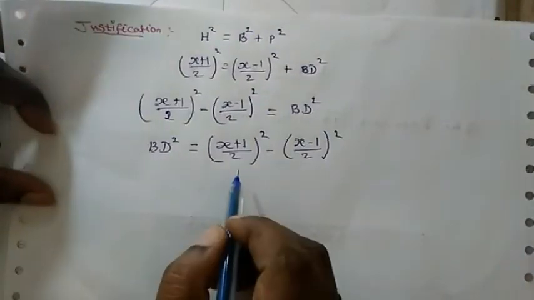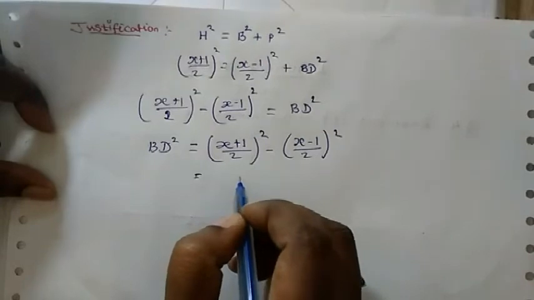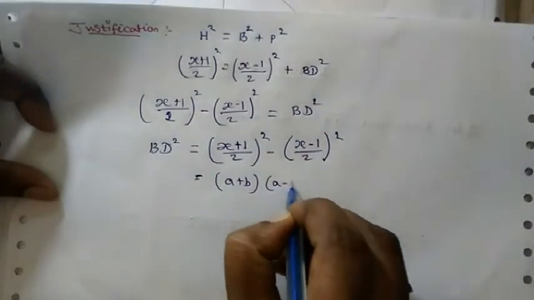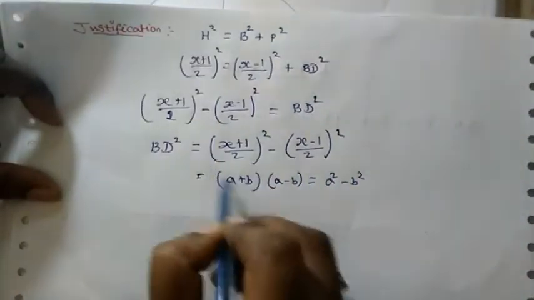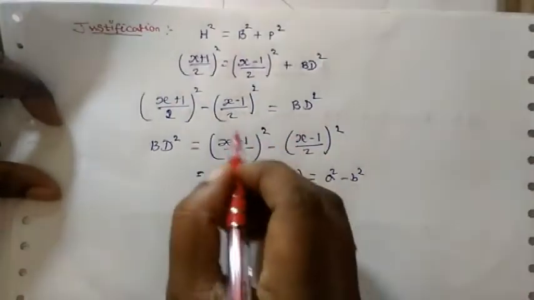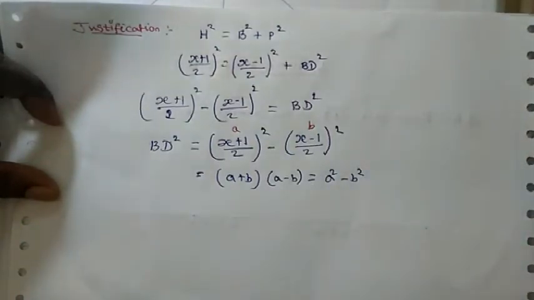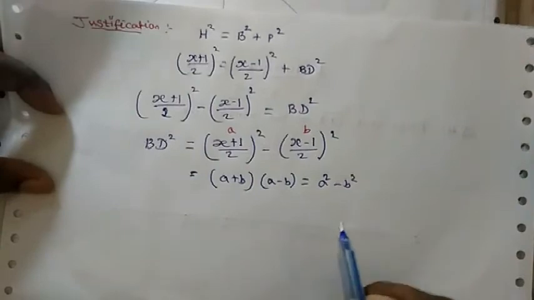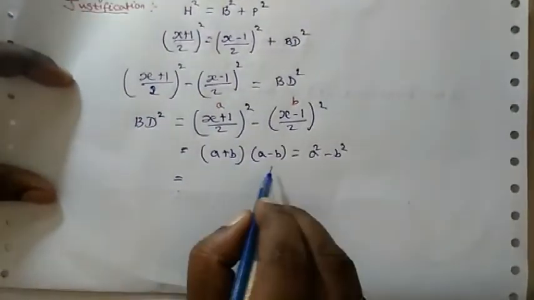Now can you see this is in the form of a square minus b square? What is the expansion for this? (a + b)(a - b) is equal to a square minus b square. Consider this whole thing as a and the other one as b. So can we say this is in a square minus b square form? That means we have to write it in this expansion form.